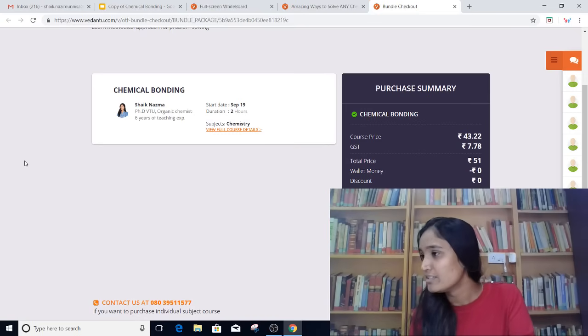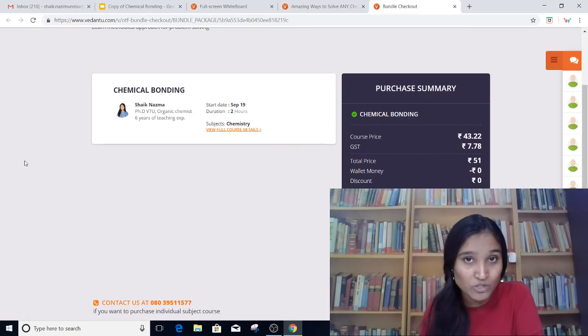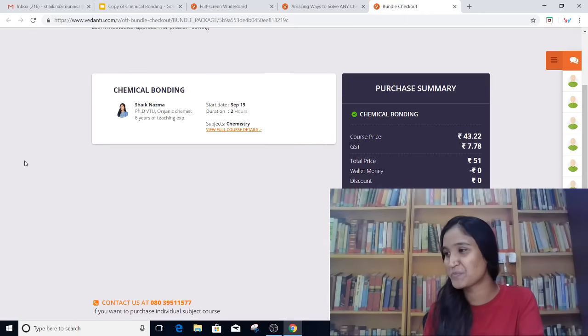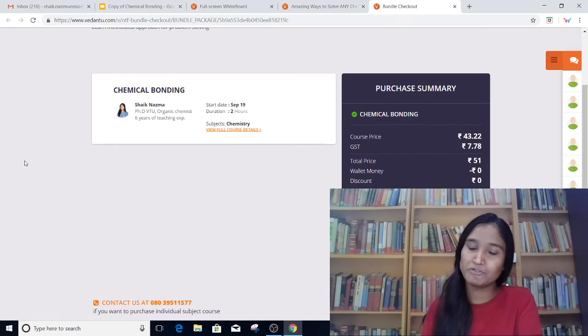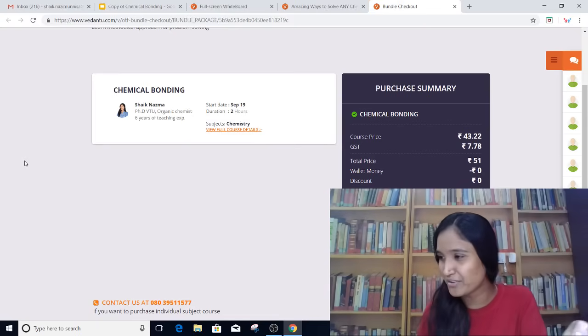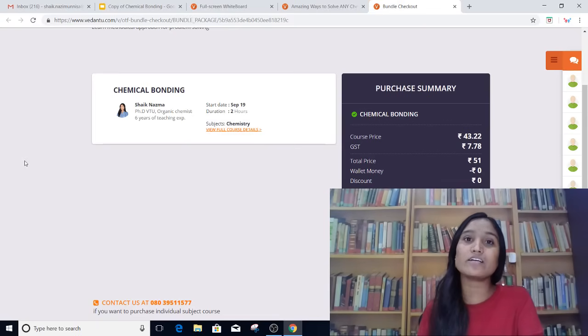Some of you were asking about the reference books for chemistry. For organic, Solomon. If you want to learn right from the basics, the concepts, and practice, everything A to Z is in Solomon. NCERT is the first step.